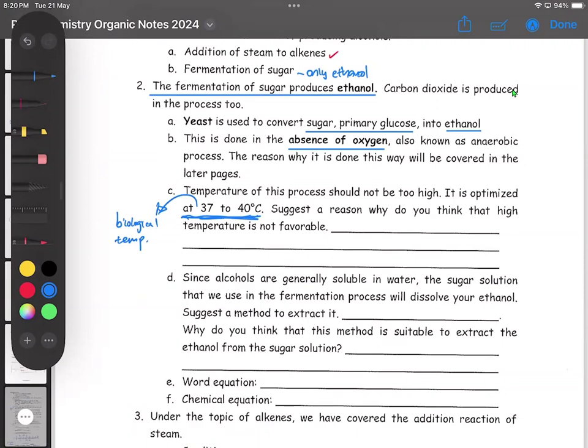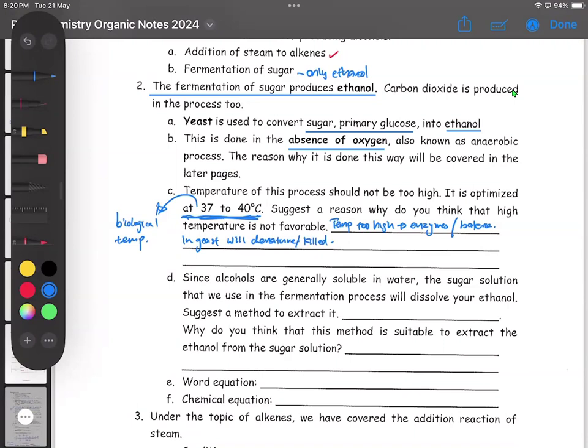So two reasons, right? When the temperature is too high, normally we use the term that the enzymes or the bacteria in the yeast will denature. For those of you who are not familiar with the term denature, it also means they'll be killed.